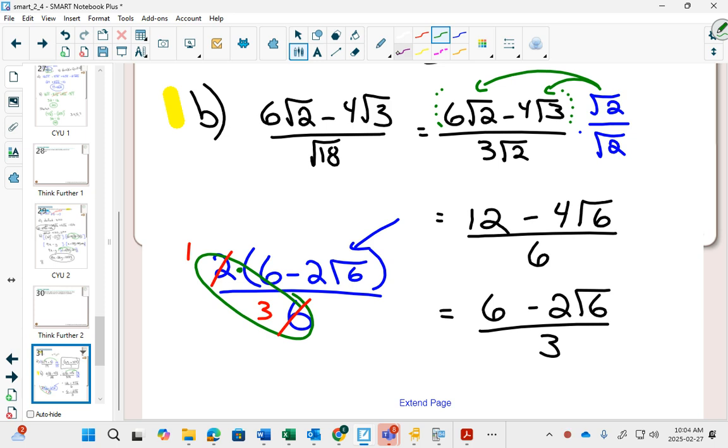Is there something that divides all of these? Yes, everything can be divided by 2. So we imagine you could factor out a 2 at the top, factor out a 2 on the bottom, and cancel them out. And because when you factor, you change to multiplication, simplification is allowed. So that's part of the details that are happening in the background.